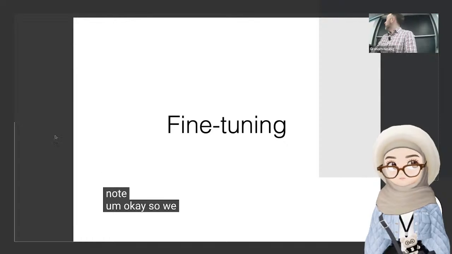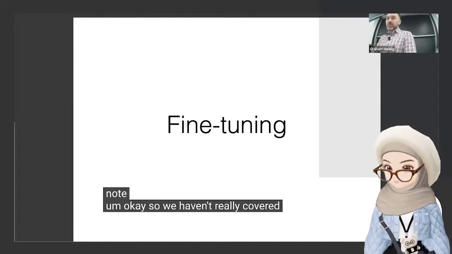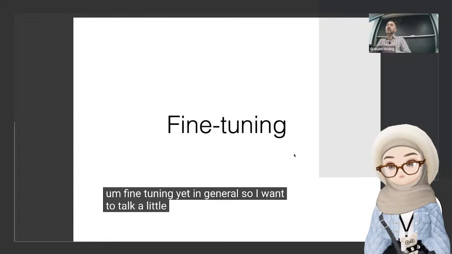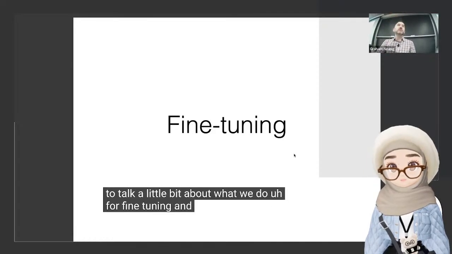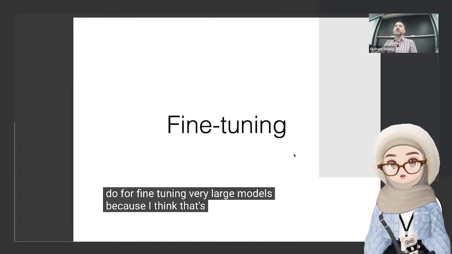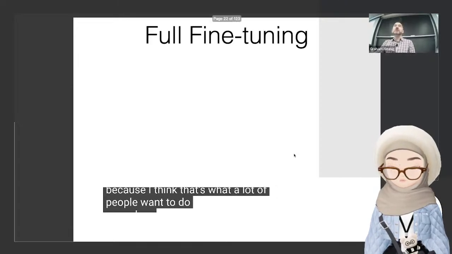Okay, so we haven't really covered fine-tuning yet in general. I want to talk a little bit about what we do for fine-tuning, and particularly what we do for fine-tuning very large models, because I think that's what a lot of people want to do nowadays.